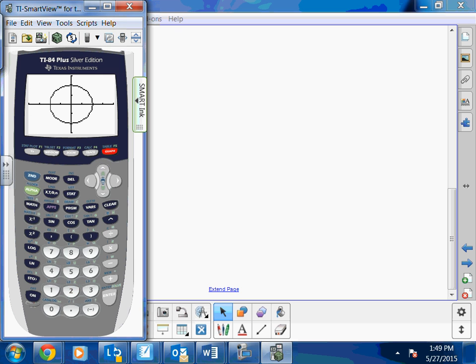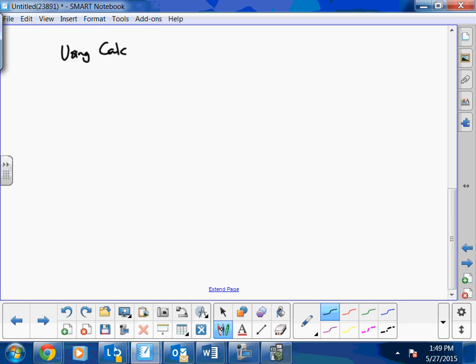And as you notice, you got this nice looking graph. It should actually be a circle, but we don't have that now. Something I want to point out to you: it says label all your axes accordingly. So when you're doing A, first thing you want to do is label this as X and Y. You want to label some points here.